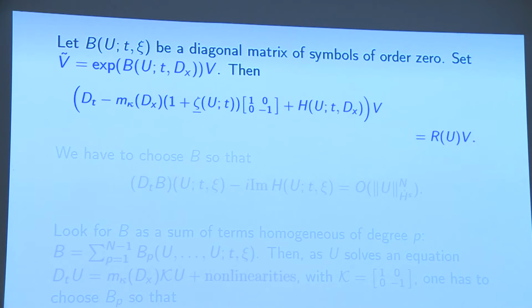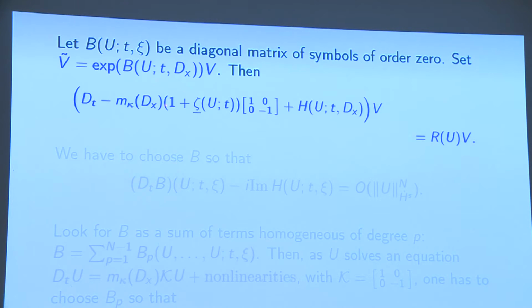So in other words, I'm starting from the equation that was on the preceding slide, namely dt minus M of dx times 1 plus zeta underline 1 0 0 minus 1 plus h of u, t, dx acting on v equals some smoothing operator acting on v.